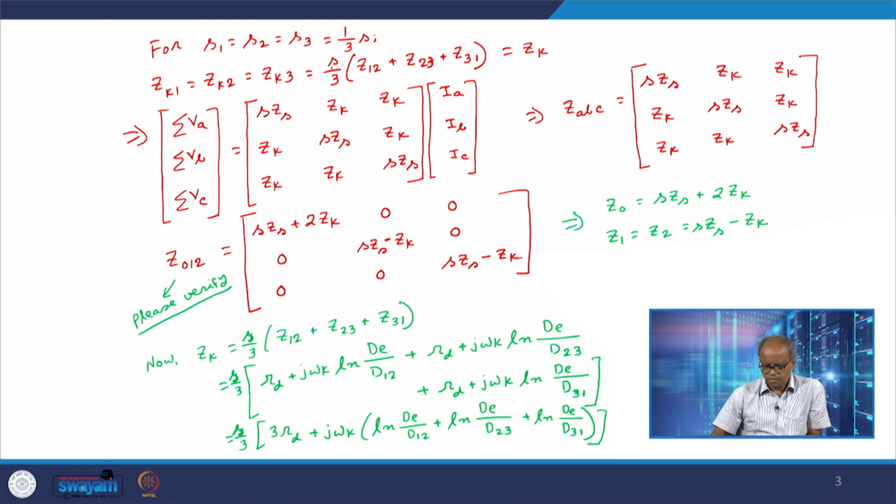So essentially, we have already proved that Z0 is greater than Z1 is equal to Z2.